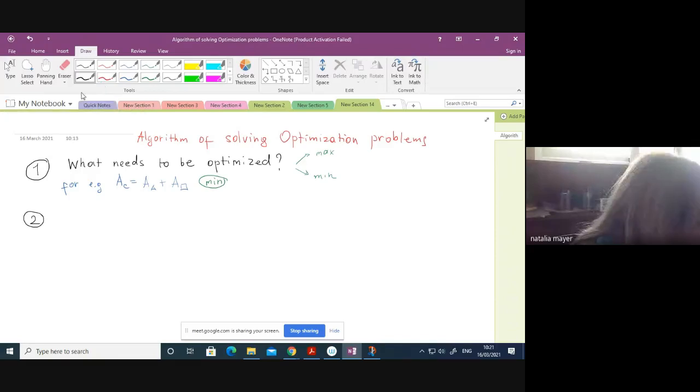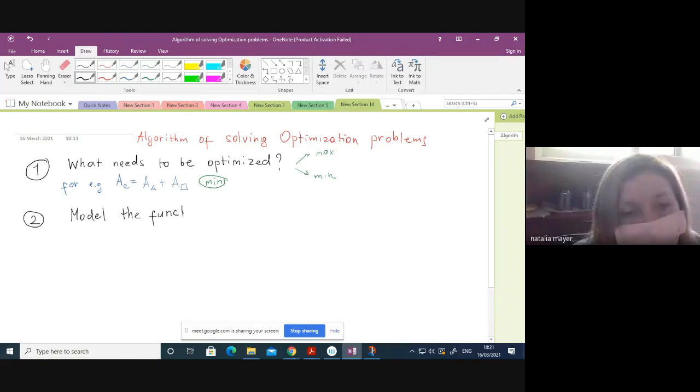Yes. Right, so let's write it down: model the function. So model the function, for example, in our example, what kind of a function was modeled in this example in the video?